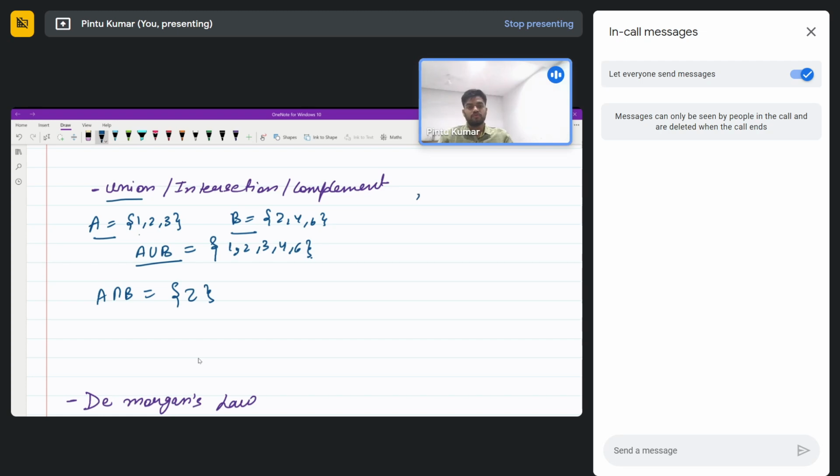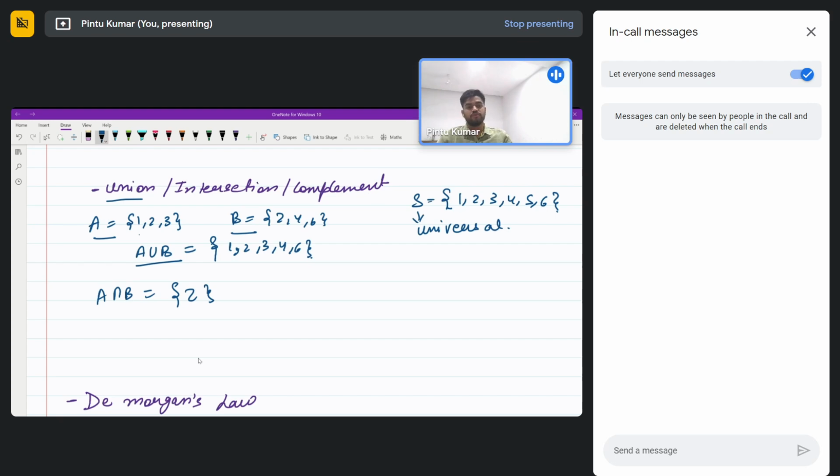Now, what's a complement? For the complement, first of all, you should know what a universal set is. A universal set is the set which contains all possible elements that exist.